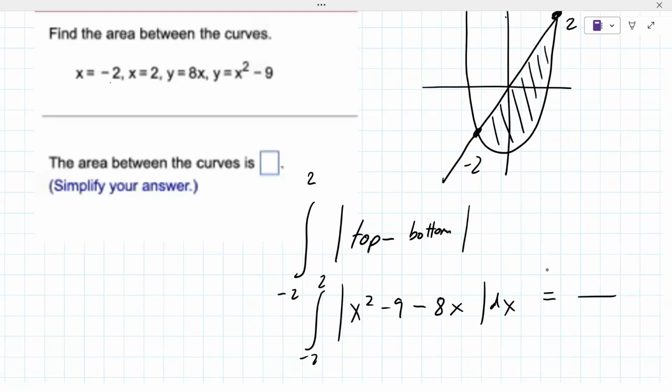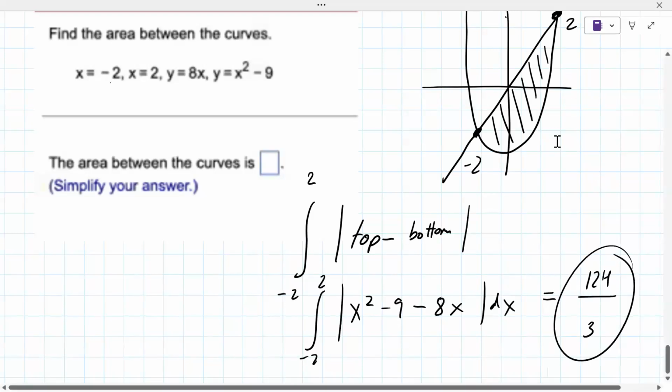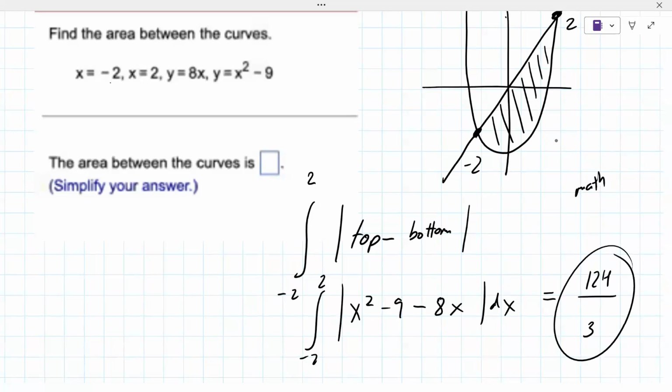Okay, I got 41.3333. Yeah, 124.3. You want to enter that, that's the math enter, if you need to.